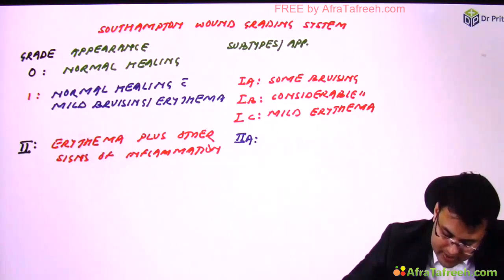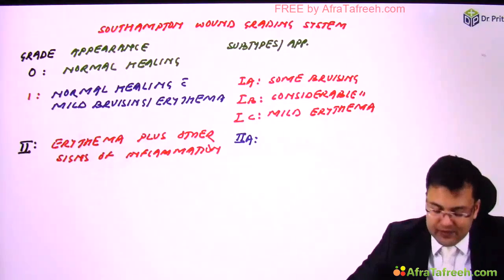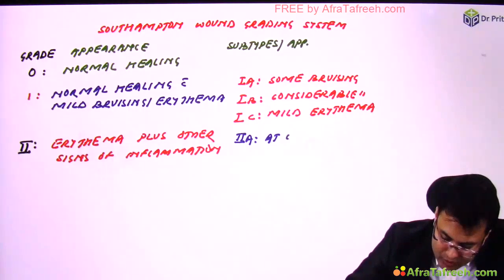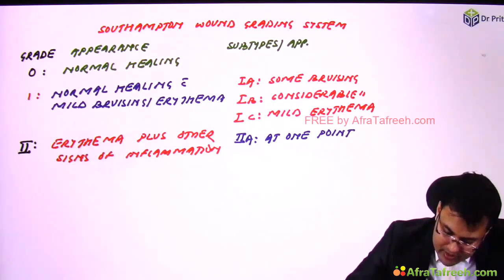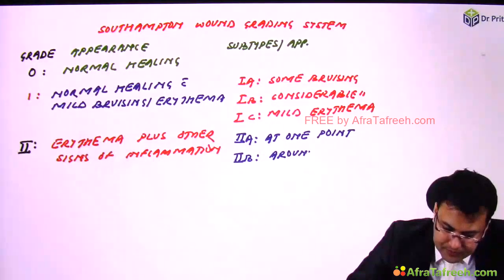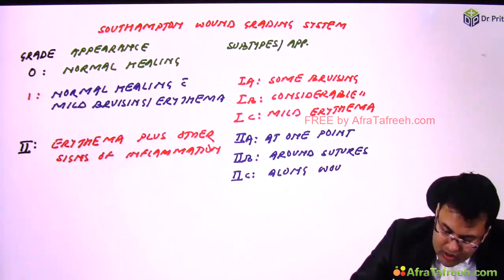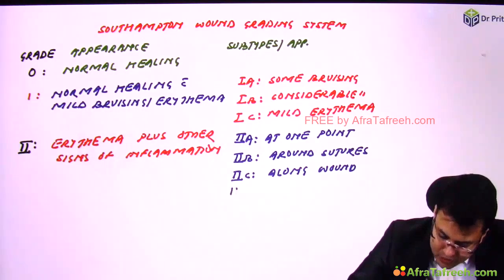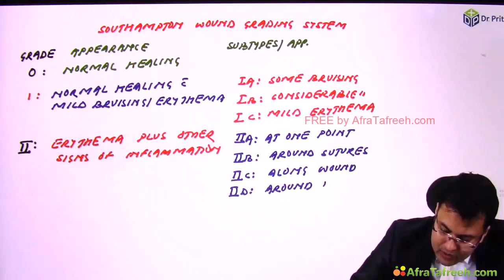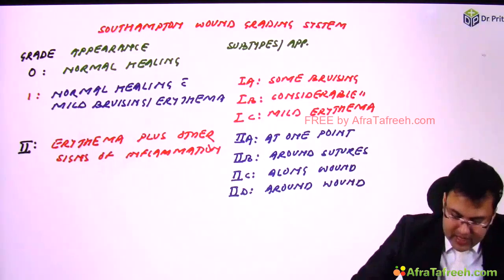In 2A, there is erythema plus other signs of inflammation at one point. In 2B, it's around sutures. In 2C, it's along the wound. And in 2D, it's around the wound. So this is grade 2.